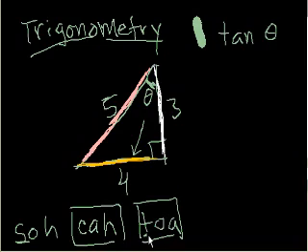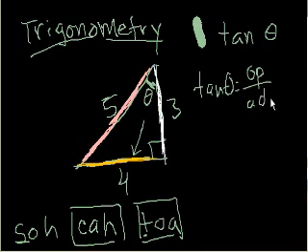So it tells us that tangent is the opposite over the adjacent. So tan of theta is equal to opposite over adjacent. Well, what was the opposite side? Right, the opposite side was 4. And what was the adjacent side? Well, we just saw that it is 3. So the tangent of this angle is 4 over 3.